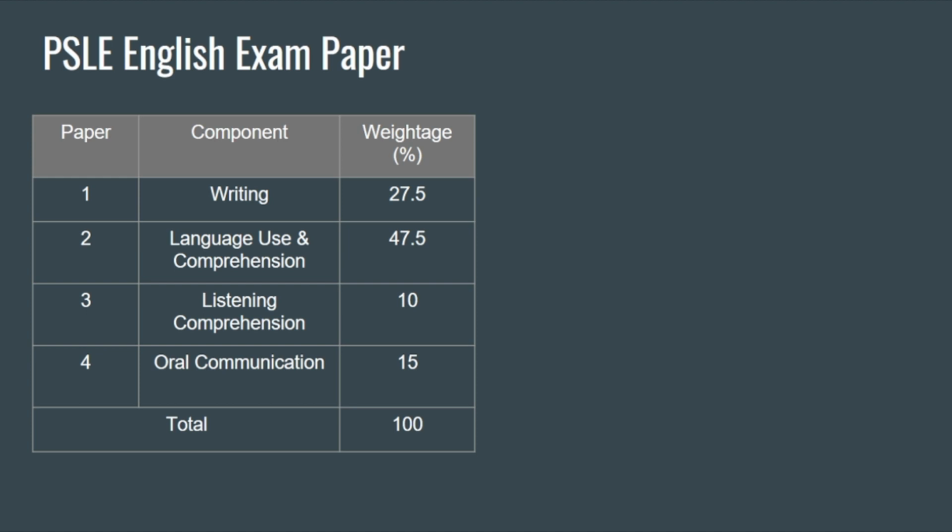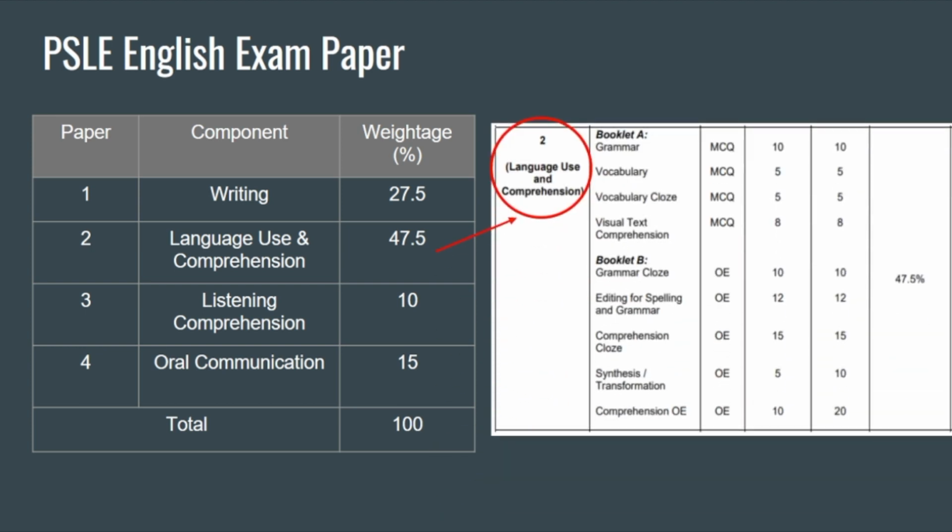So for the English subject in the PSLE, there are 4 papers. Paper 1, writing; paper 2, language use and comprehension; paper 3, listening comprehension; and paper 4, oral communication. In the English Exam Skills Program, our focus is only on paper 2. But if you look at the components in paper 2, there are a total of 9 components.